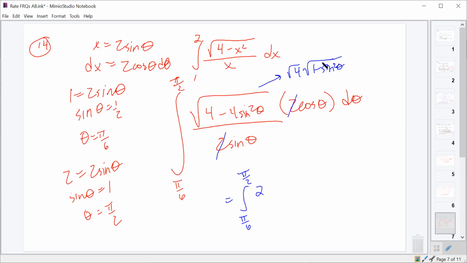And the square root of cosine squared theta is cosine theta. So I'm going to have a cosine theta up there, which is going to multiply by this other cosine theta, which is cosine squared theta over sine theta. And it looks like that's choice C. Yep.